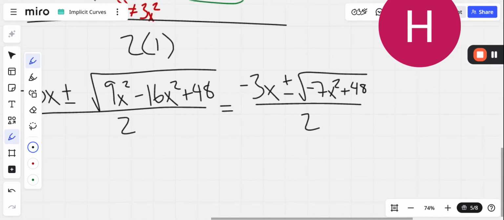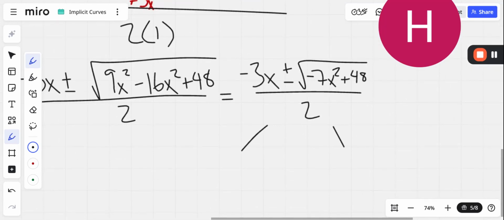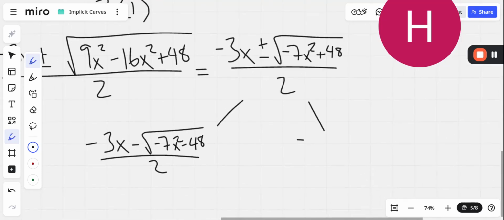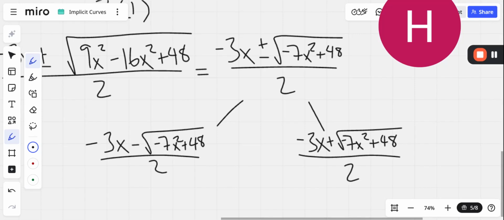Okay, great. Now, this is two different answers, mind you. On one hand, we have negative 3x minus this interesting square root expression all over 2. And then on the other hand, I have negative 3x plus the square root expression, negative 7x squared. I put a minus on that one, didn't I? Whoops. All over 2.